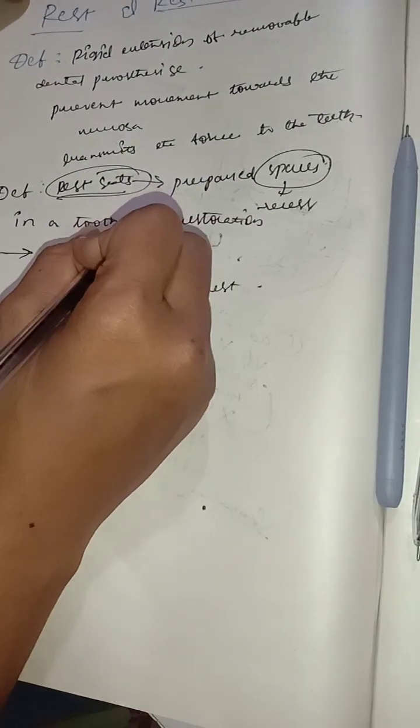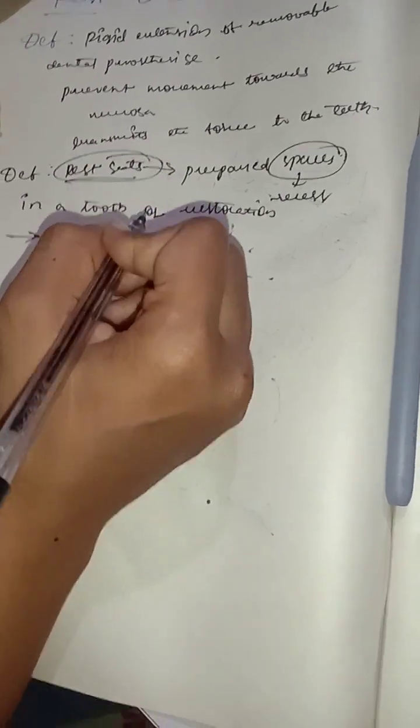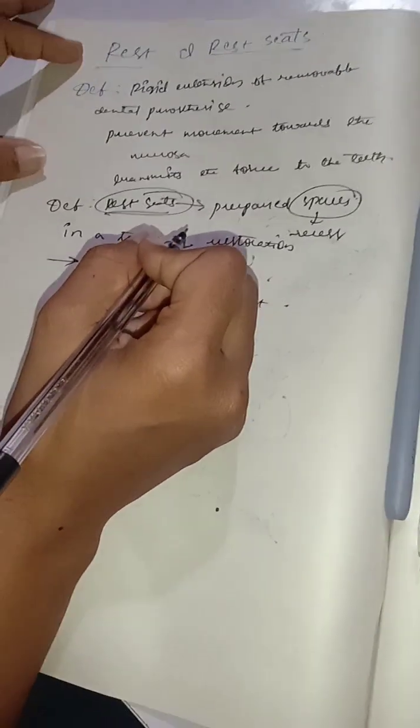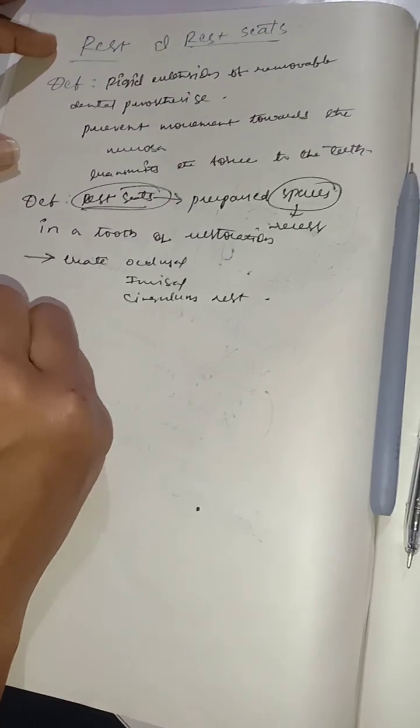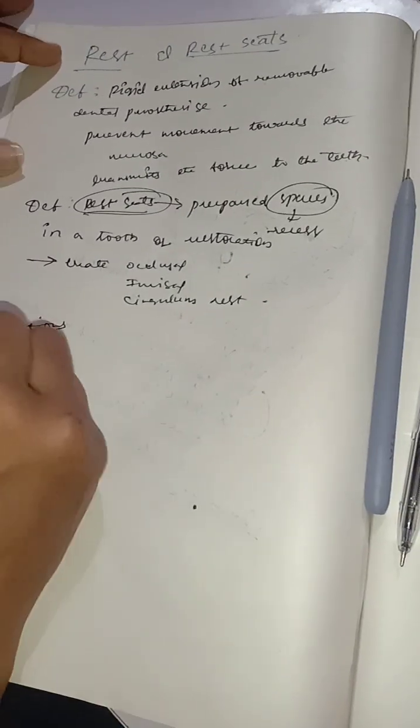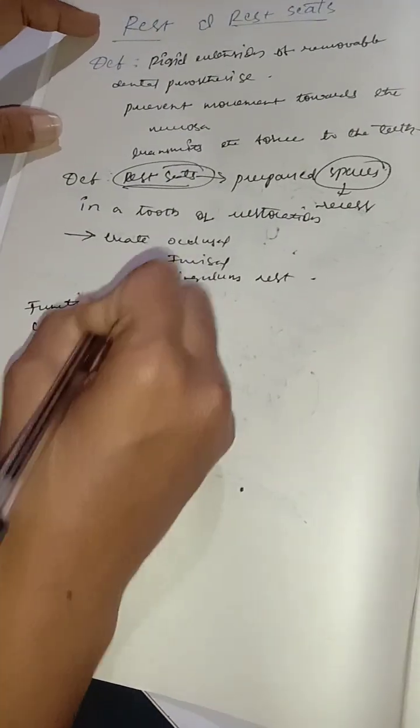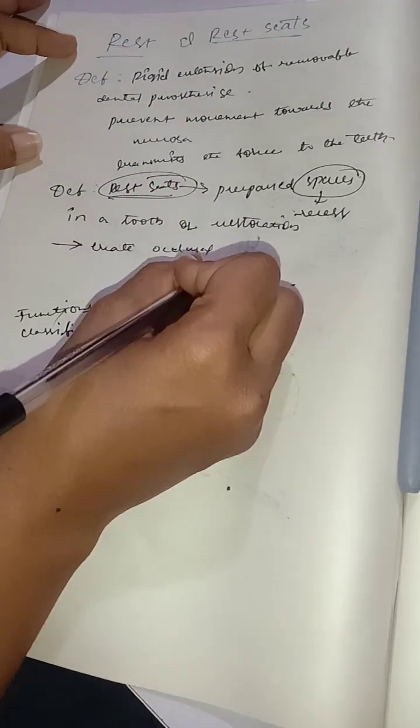This is the definition of the rest and the rest seats. Now we will see the functions and the classification of the rest. These are the two topics related to the rest and the rest seats.